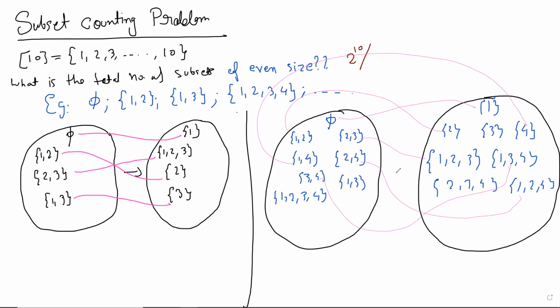Sorry, can you say that again? For 2 comma 4, you are putting a 1, right? You seem to be putting a 1. Why? And for 1 comma 2, why are you removing the 1? Or for 2 comma 3, why are you putting the 1? Maybe you can just say the rule again.